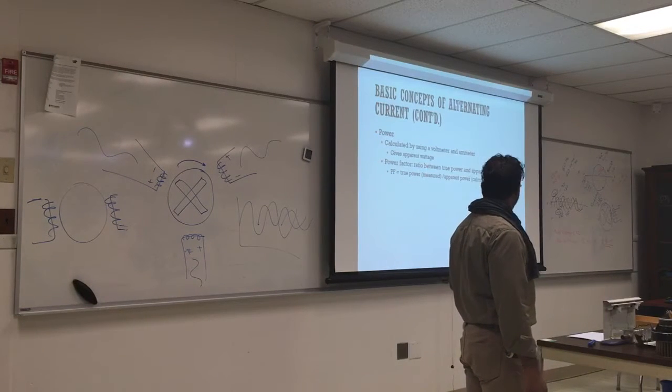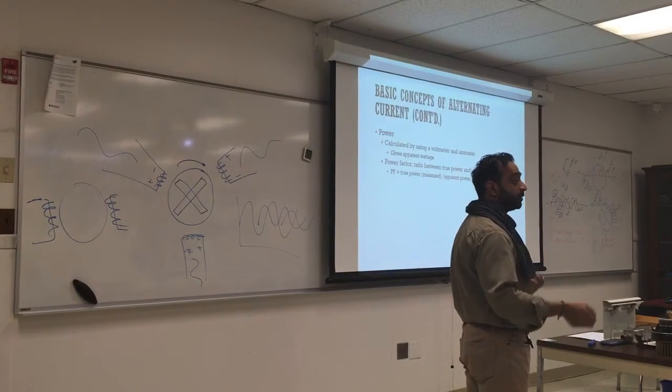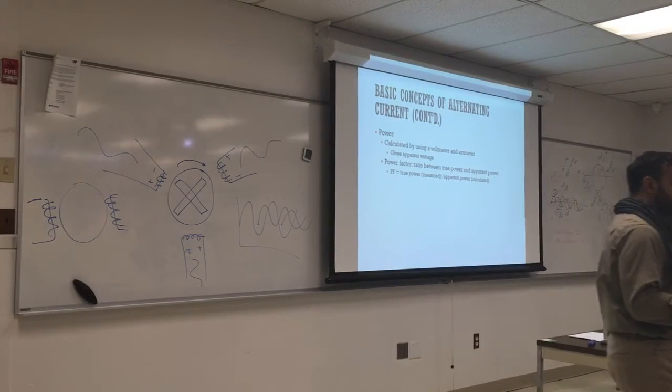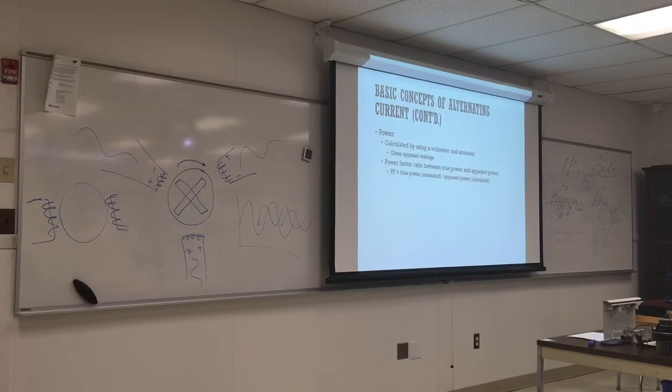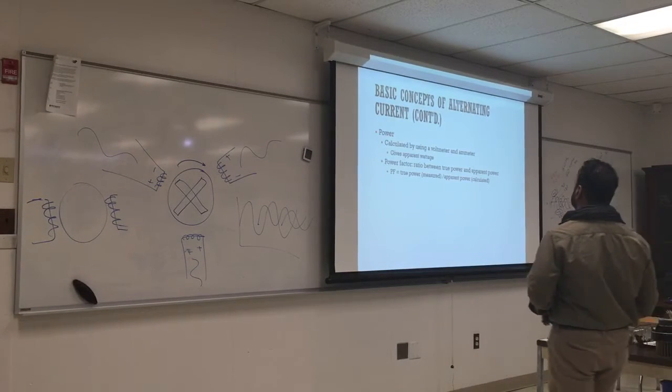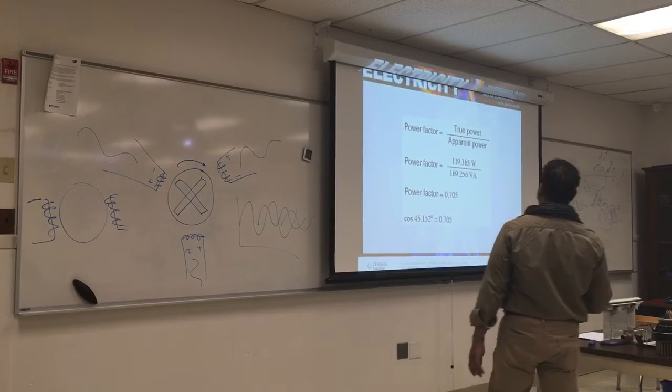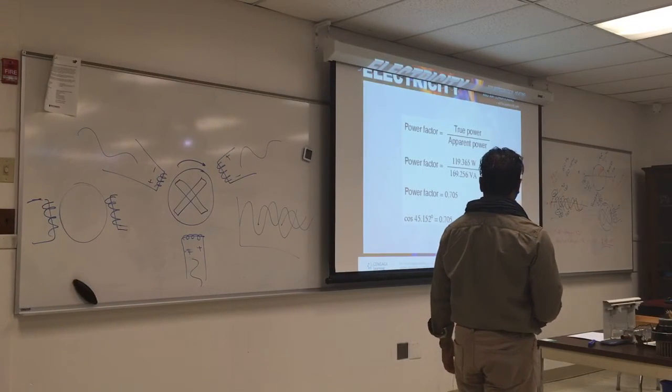So the true power is what I'm getting in the wire. That's what I would put my ammeter on and measure the amperage. And the apparent power is what is calculated, what is theoretically given by the motor. That's something called the power factor. So power factor is the true power over the apparent power.